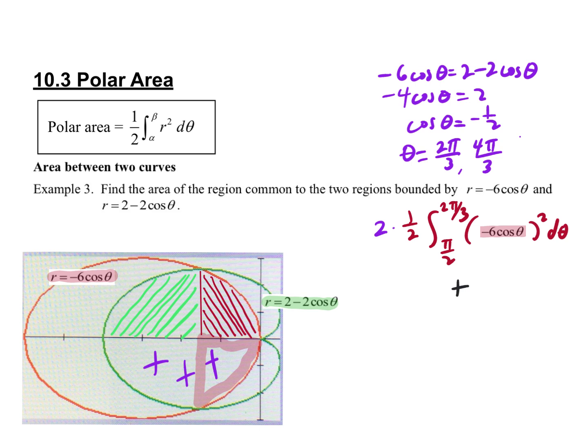Questions about that? Yes, sir. So, when we're taking normal area under a curve, in terms of the limits of integration, it usually goes left to right. Mm-hmm. But for the polar, you go right to left. Yes. Because we're going counterclockwise.